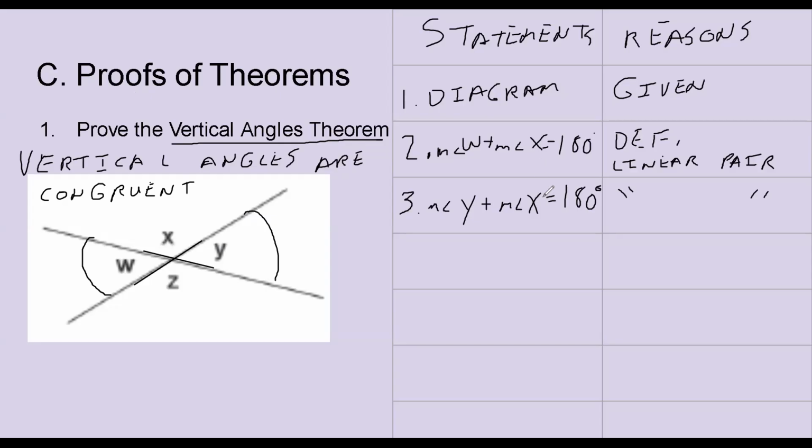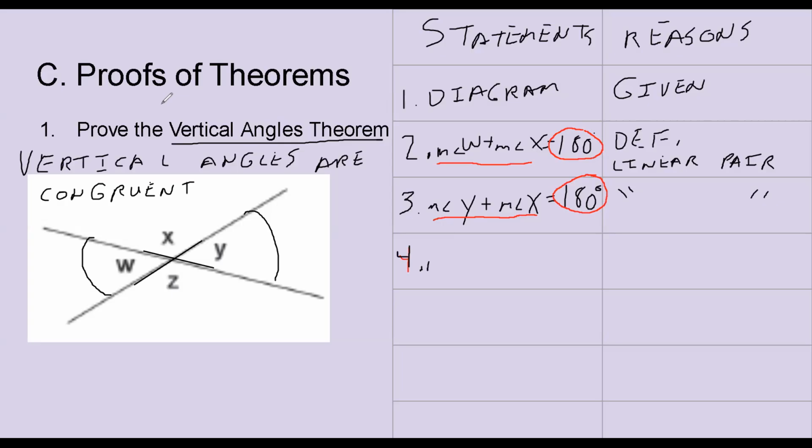All right. Now we're going to use a little bit of algebra. Note that both of our equations here are equal to 180, which means that if both of these are equal to 180 degrees, then that must mean that they are also equal to each other. And that's the substitution property of equality.